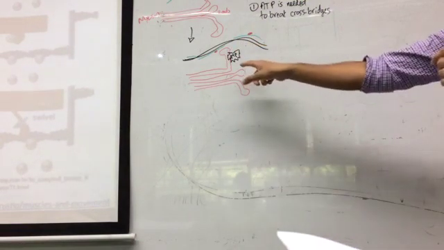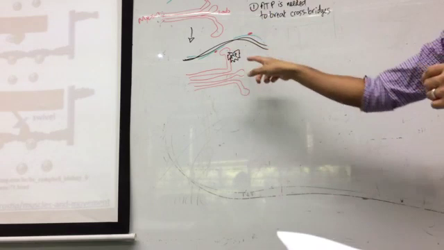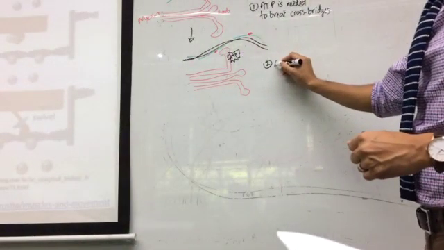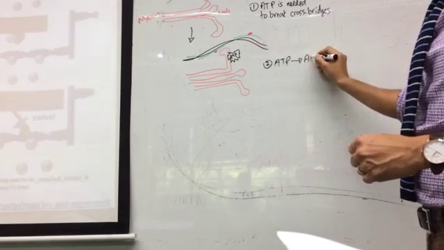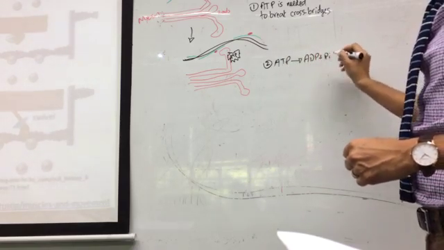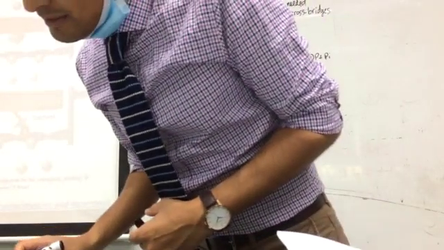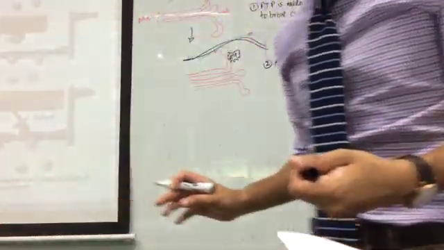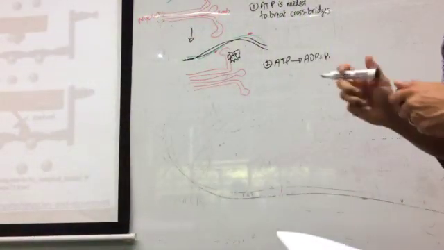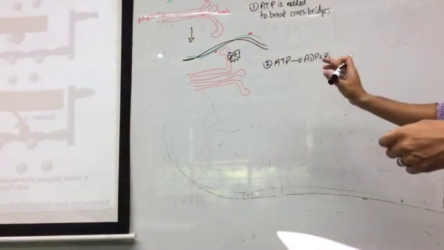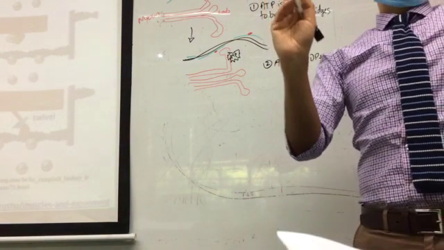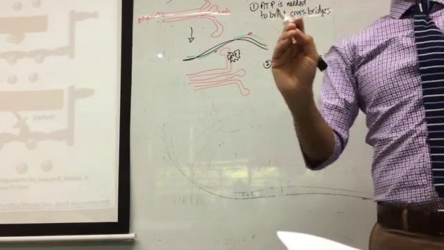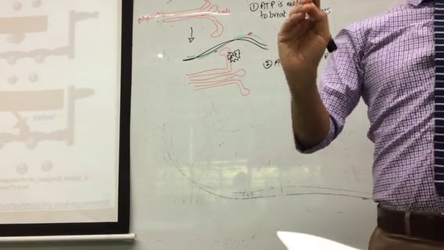Then, in order for this to reach out, we need ATP to hydrolyze. So step 2 is ATP to ADP plus Pi. When ATP hydrolyzes to ADP and Pi, the myosin head becomes, the term that we use is cocked, meaning it reaches out or flexes.